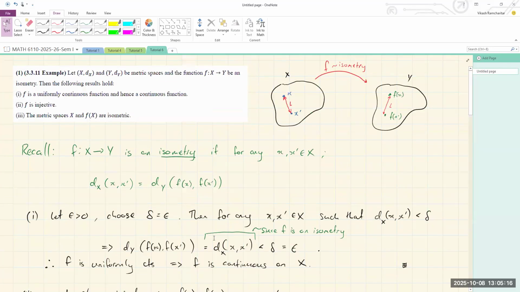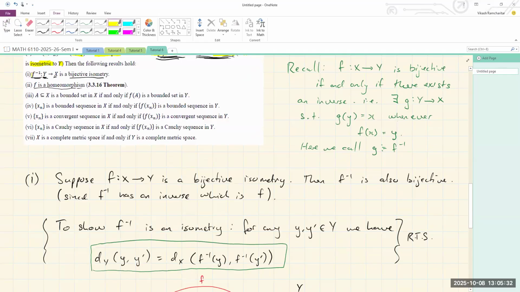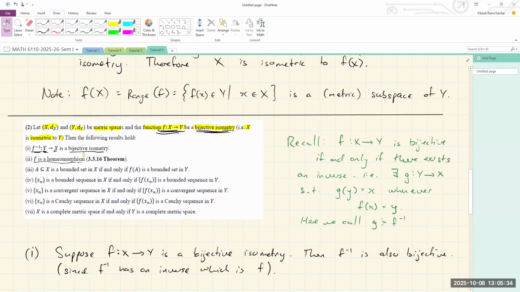If I scroll all the way back up here, when we were looking at properties of an isometry, we showed that if a function is a bijective isometry, then the inverse is automatically also an isometry.